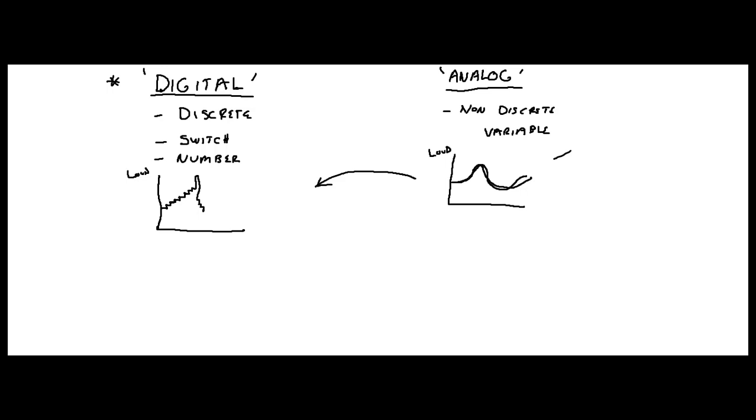Now, specifically, if we talk about digital, I'll just keep drawing down here. Digital has two values, or two states. It's either on or it's off. We could say this is a 0 and that's a 1.